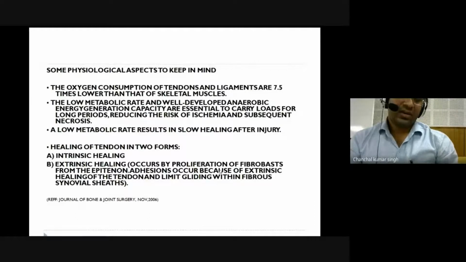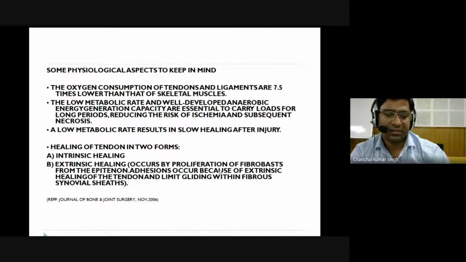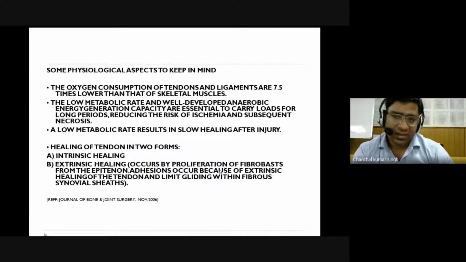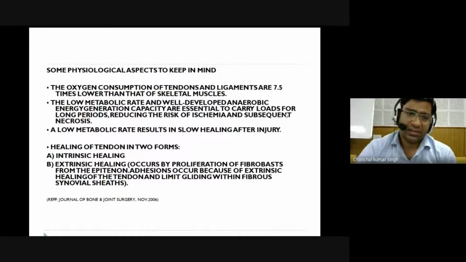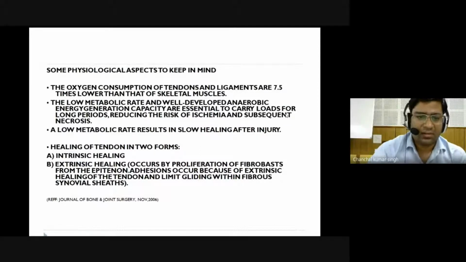The beauty of the tendinous unit is that they are adapted to the anaerobic cycle, where the majority of the energy generation is anaerobic, so they consume very little oxygen. The metabolic rate, or oxygen consumption, is at times 7.5 times lower than that of skeletal muscle. This helps in carrying load and performing activities for longer periods.